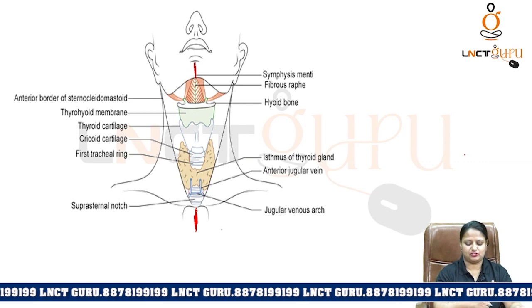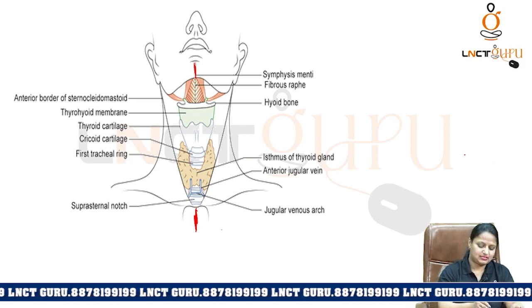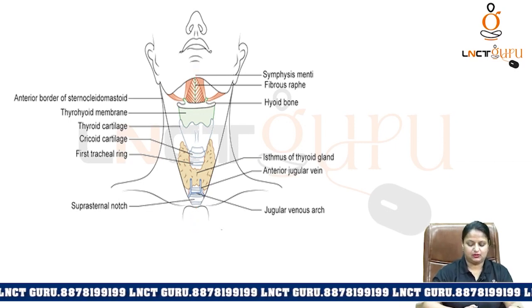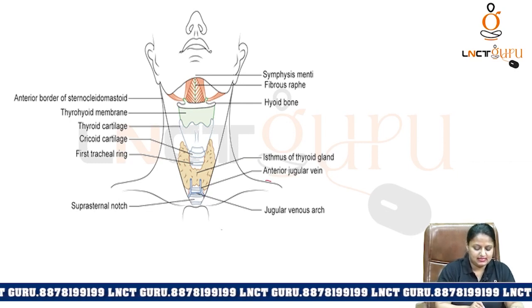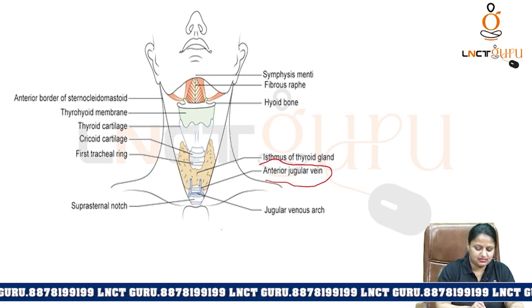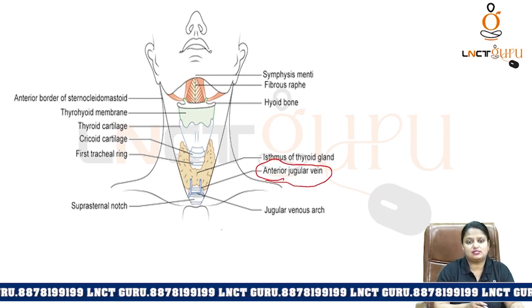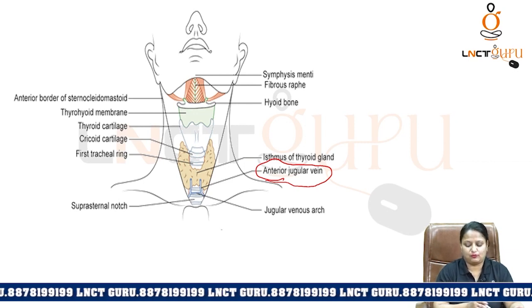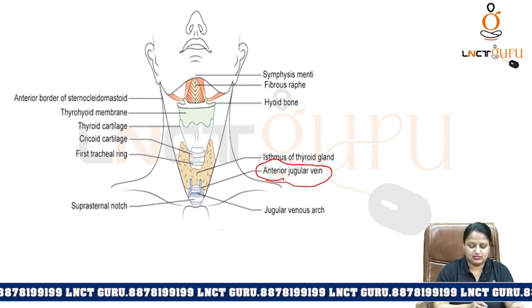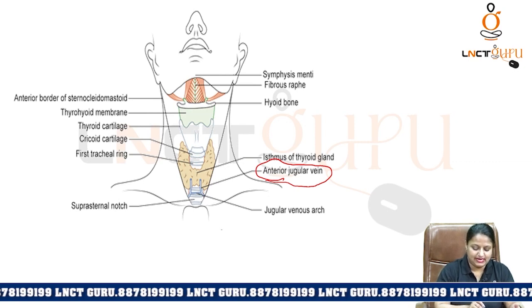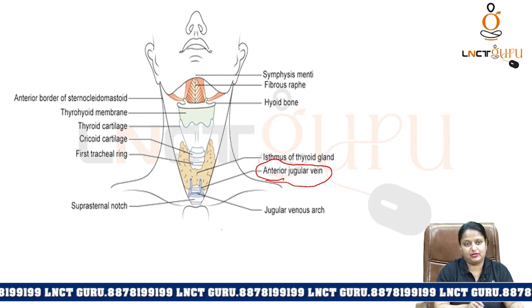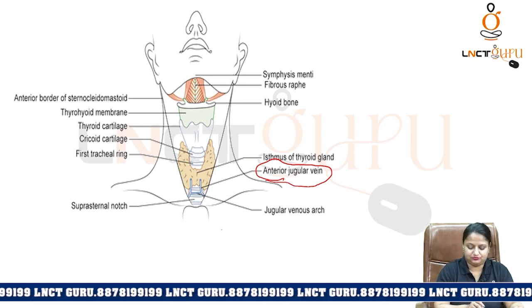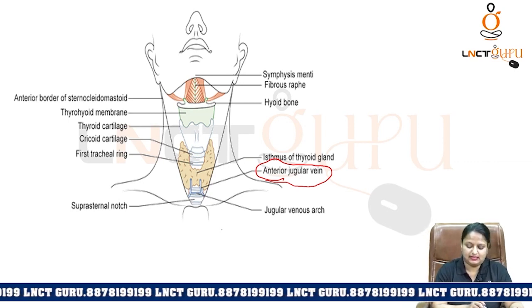Superficial fascia में क्या present रहेगा, प्लेटिस्मा। ठीक है, यहाँ से क्या मसल आनी शुरू हो जाती है, प्लेटिस्मा। Okay, and then you can see here, this is anterior jugular vein, just above suprasternal notch। तो आपको क्या दिख रहा है, just above suprasternal notch you can see here anterior jugular vein.